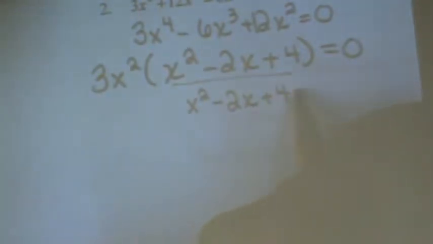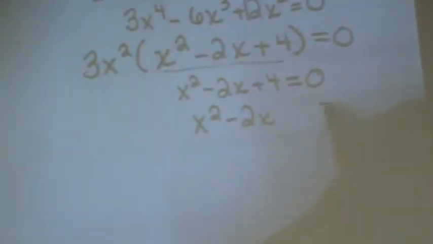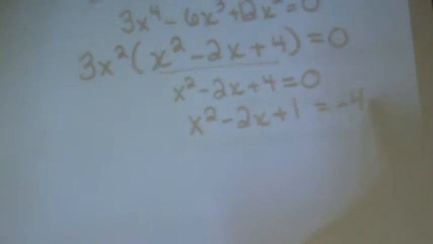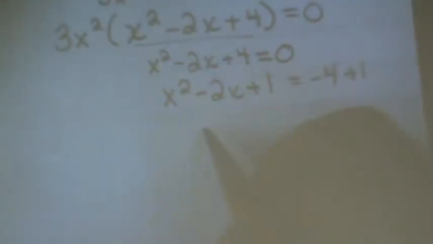So let's do that. X squared minus 2x plus 4 equals 0. How do you complete the square? Subtract 4. You take half of this number and square it. So that's going to give you a 1. You're going to add 1 to both sides.